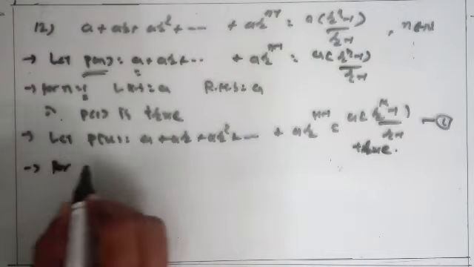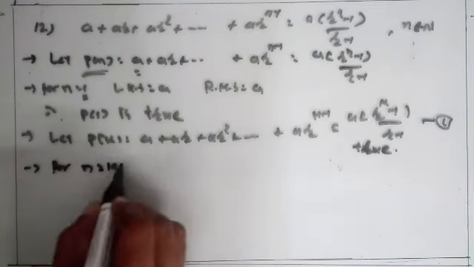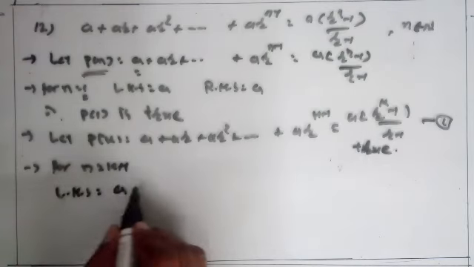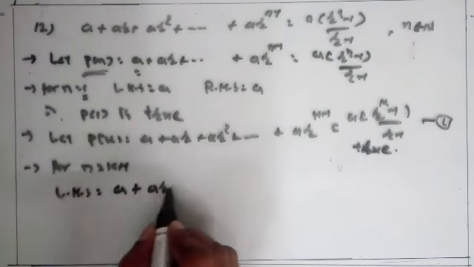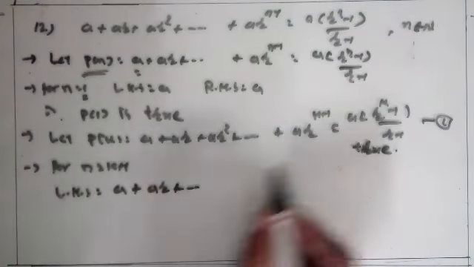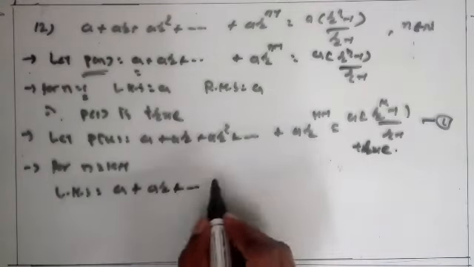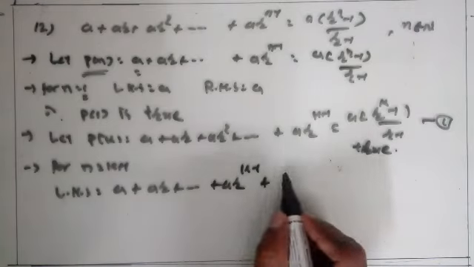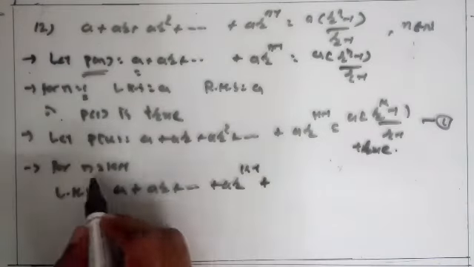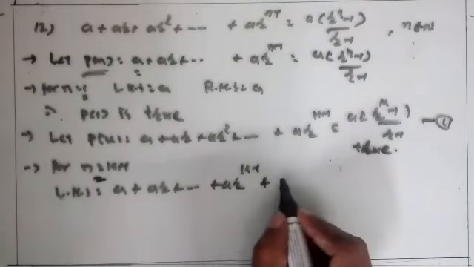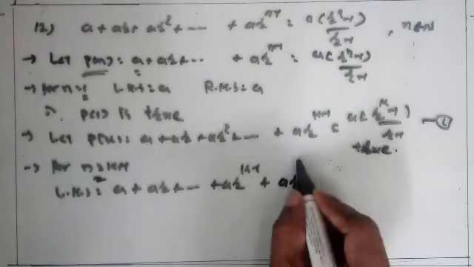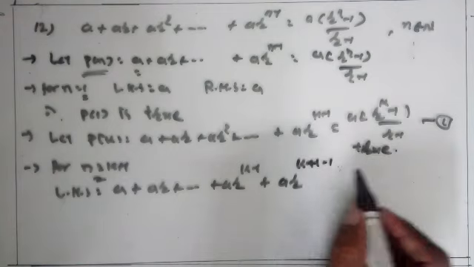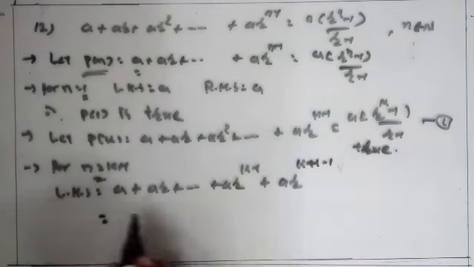For n is equal to k + 1, LHS is equal to a + ar + up to this term, plus ar^(k-1), plus now n is equal to k + 1, so the last term becomes ar^(k+1-1). Clear?